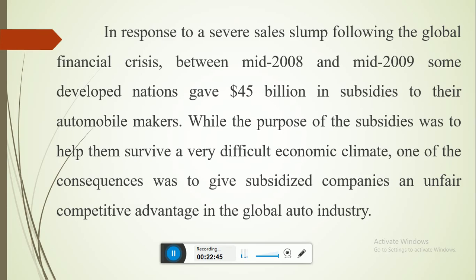That subsidy, as we have discussed earlier, could have been a cash grant, it could have been a loan, it could have been a tax break, it could have been different things. So I think in Corona as well, many developed nations have given tax breaks to most of the companies, that you don't need to pay tax for 6 months or 3 months.